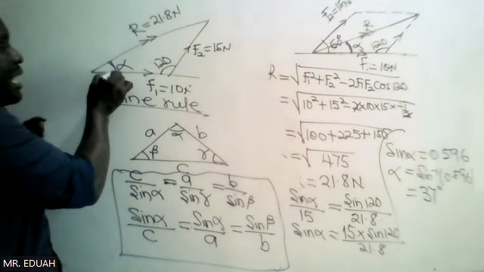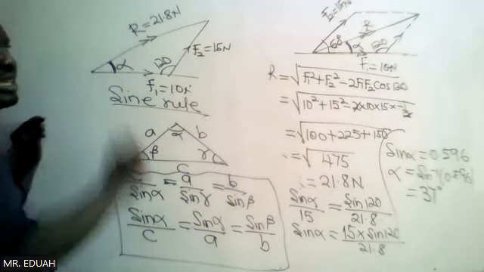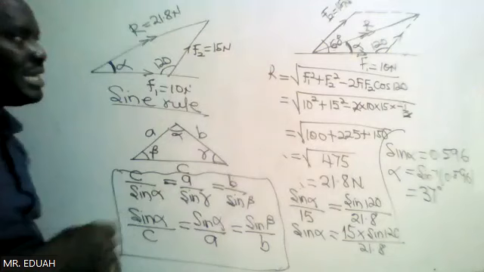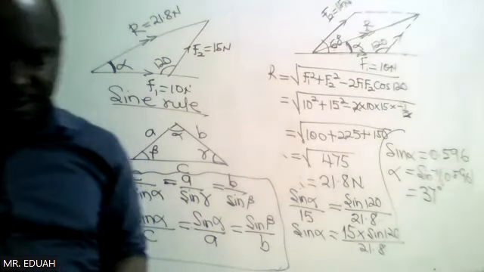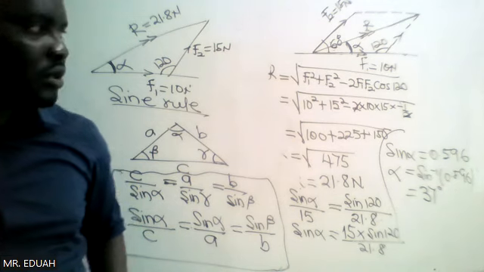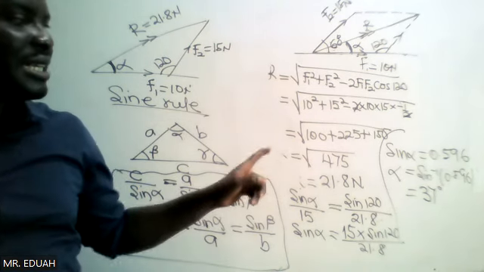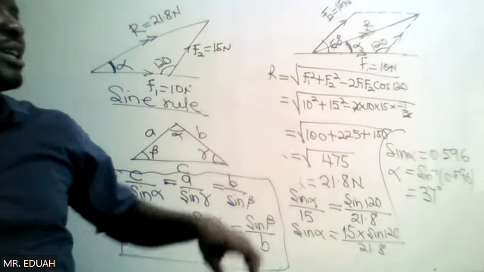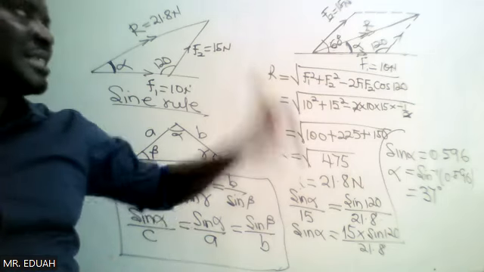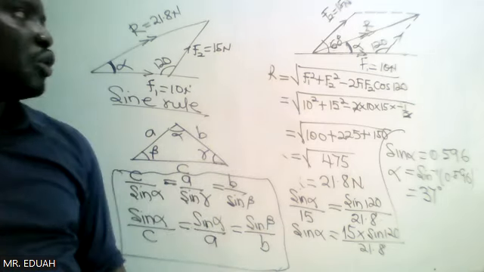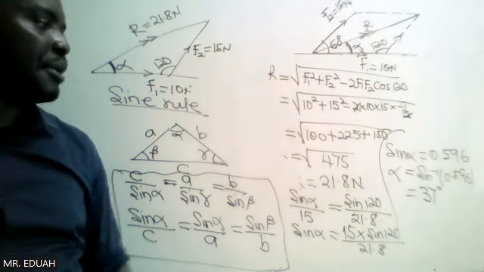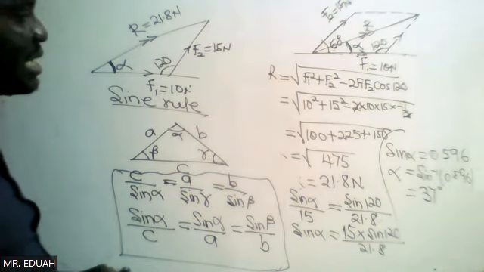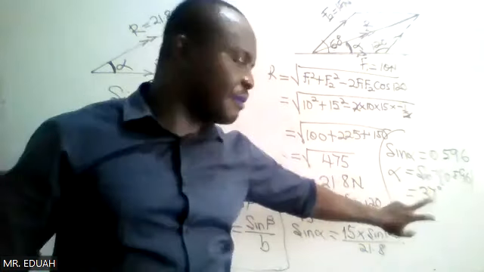You realize that the direction of the resultant is less than the angle between the forces. So the direction is 37 degrees from the x-axis. That would enable you to locate the resultant. If you are taking it from the y-axis, then you have to subtract this from 90.